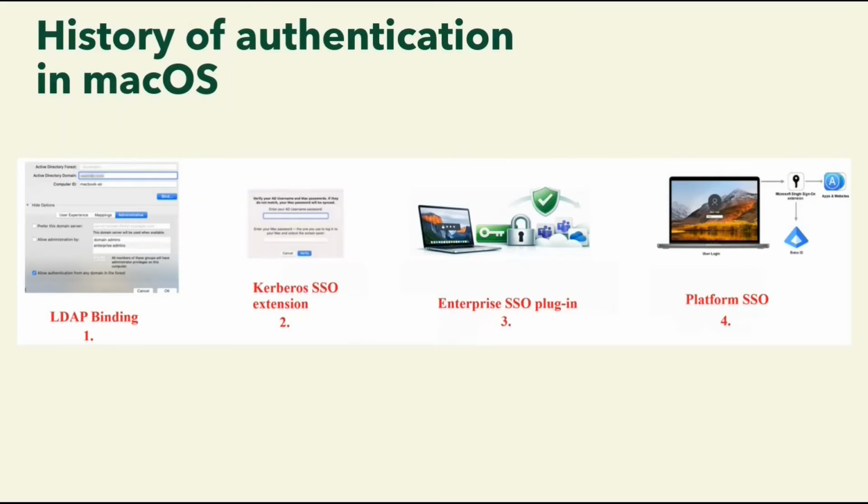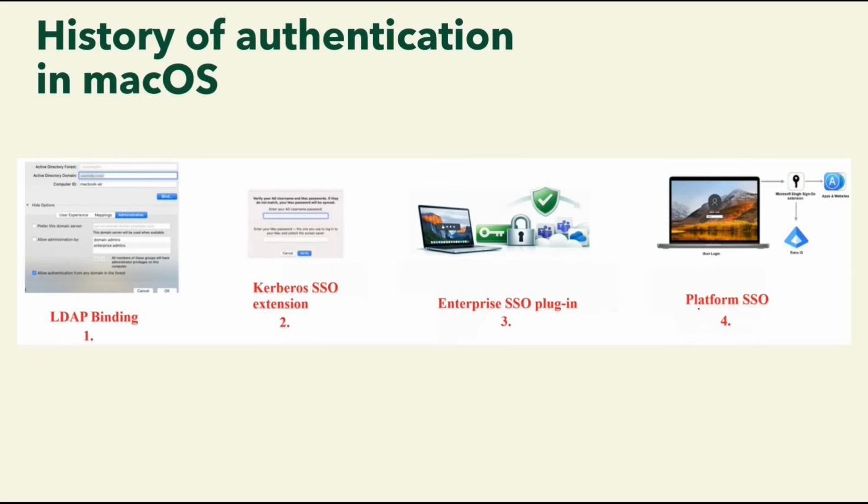So the first thing that I want to talk about is a brief of how the authentication mechanism and the authentication options in a corporate macOS device have evolved over the years.